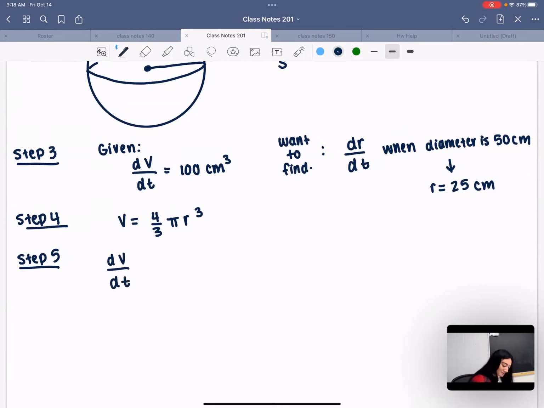The derivative of v is, well, 1 times dv dt. Okay, implicit differentiation is what we're doing here. On the right-hand side, we have 4/3 times pi, which are constants, just like regular numbers. Pi is just like 2 or 3 or anything else. What's the derivative of r cubed with respect to t, Sam?